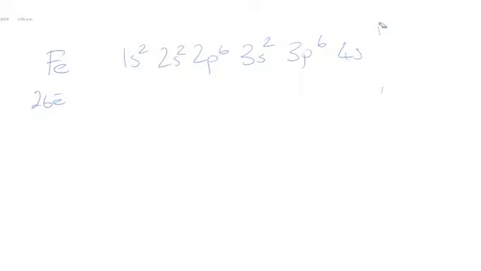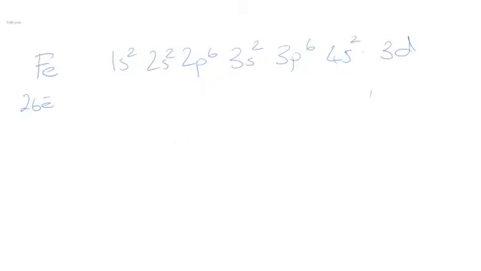So if we were to look at iron, for instance, which has got 26 electrons, its electron configuration would be something like this. And that would now be 18, 20, 26.